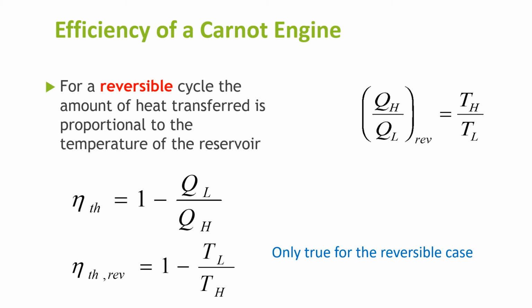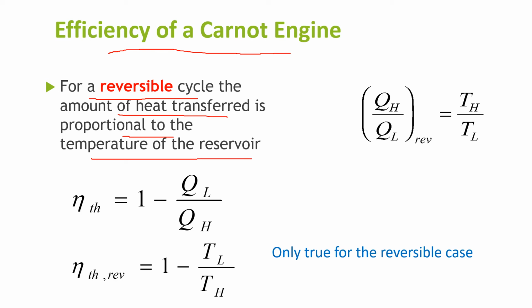Okay, the Carnot heat engine is the most efficient of all heat engines operating between the same high and low temperature reservoirs. So, the efficiency of the Carnot engine: for a reversible cycle, the amount of heat transfer is proportional to the temperature of the reservoir.